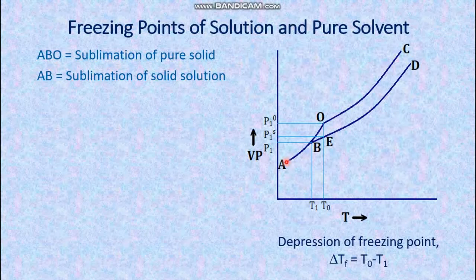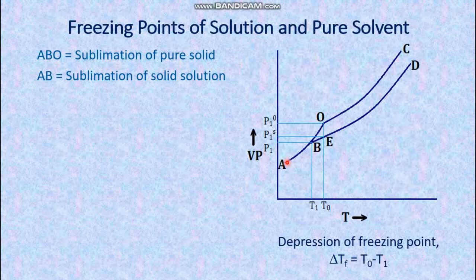But in case of the liquid, as you have seen in the bell jar experiment, the effective surface area or the exposed surface area is blocked by the solute particles, which are non-volatile. So the effective surface area decreased. As a result, the vapor pressure also decreased, which was already discussed in case of lowering of vapor pressure or elevation of boiling point.